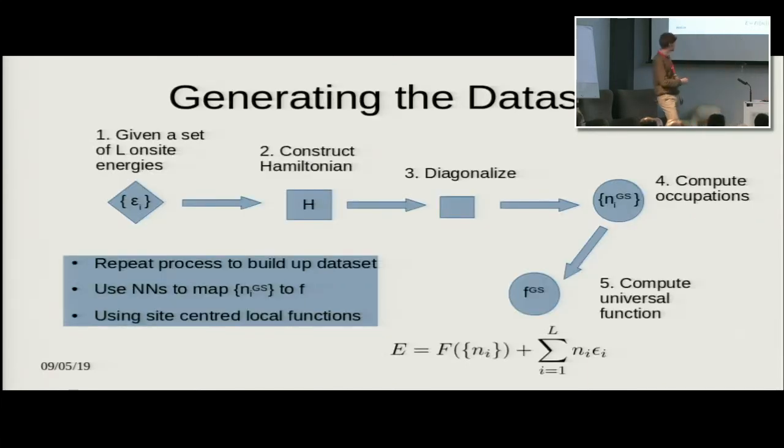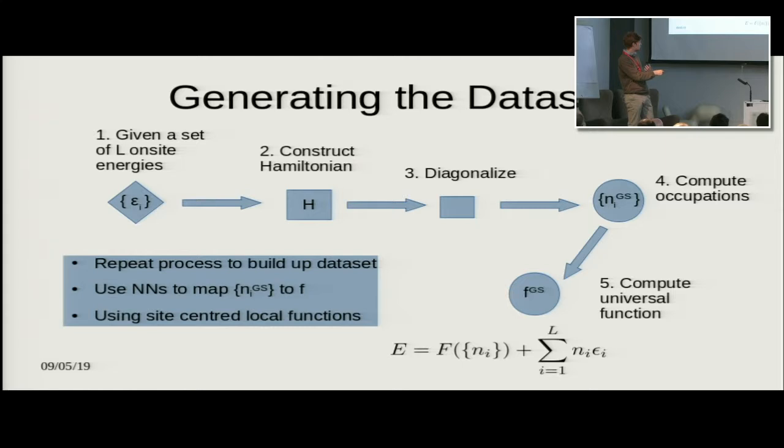To generate the data set, the first step is we choose a lattice size, L. Then we generate L random on-site energies. With these, we construct the Hamiltonian and diagonalize it. From this, we can get the ground state site occupations.